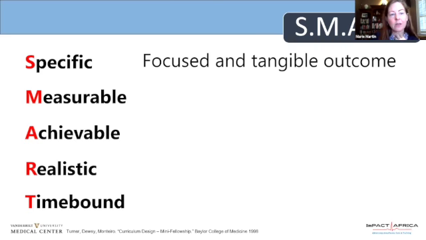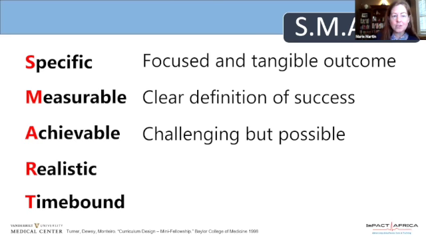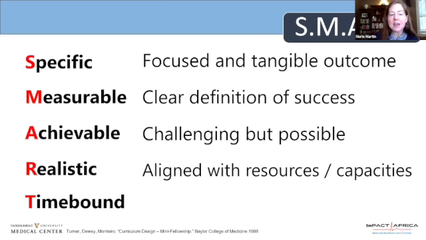So you can really use this tool for a number of different areas, if you will. So if you think about specific, it means focused on a tangible outcome. There's a clear definition of success, right? So we know whether or not our learners have achieved those. Challenging but possible, right? And achievable, and that they are aligned with resources or they're realistic for the capacities of our learners, where they are in their training. And then it helps oftentimes to put a deadline.